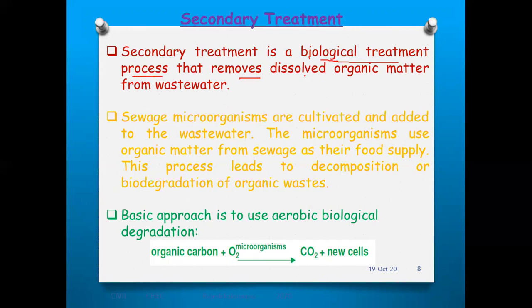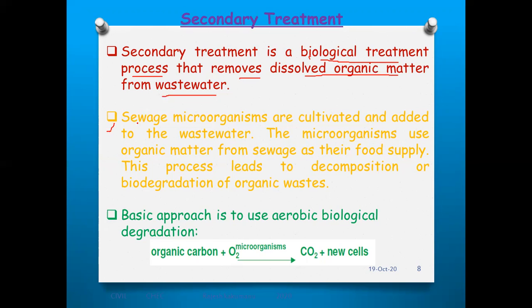That removes dissolved organic matter. Whatever organic matter is there in the wastewater, it will be removed by the biological treatment process. That is the meaning of the secondary treatment process.